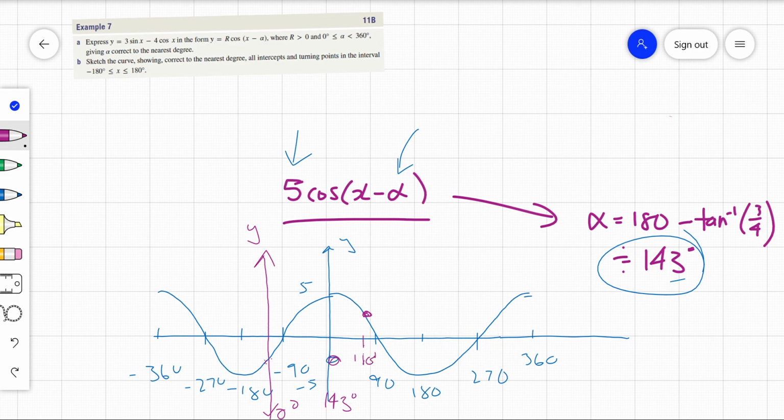If we go back to negative 180, somewhere here would be our negative 180 degrees. So we just want to move everything along to the right by 143 degrees. You could just add 143 degrees to everything to get approximately where you want. That's using our alpha there. I hope that's helpful. Sorry, that was a bit all over the place.